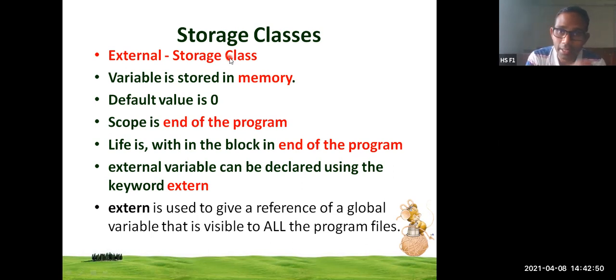Register functions you can't have because the memory limit is 2 bytes, and a function will have more than 2 bytes. In that case, the function cannot be created as a register. So the last one is external. External means we are creating the variable in one program. It is under execution. We are going to access it in another program.